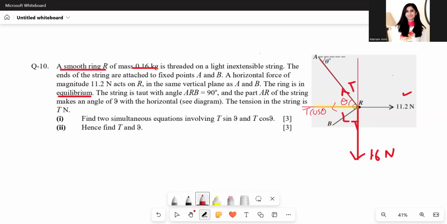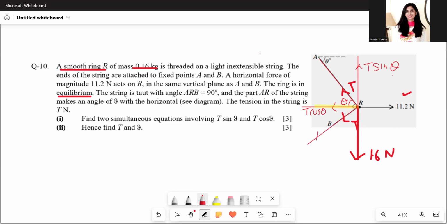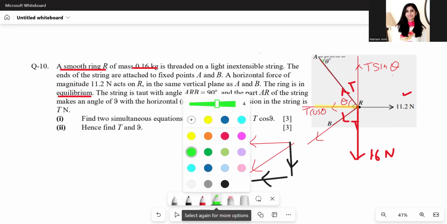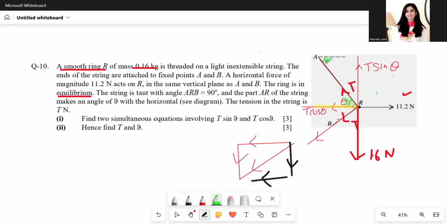So this will be T sin theta. Now let's take a look at the string RB, which is pointing in this direction. Resolving it, a force will be towards the left and one component of the force would be downwards.